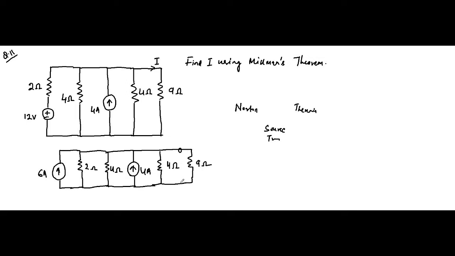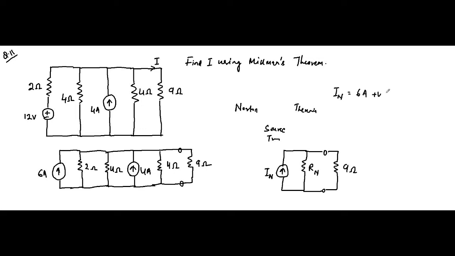Across these 2 points we have to determine the Norton equivalent circuit. That will be something like this: Rn, In, and there we have the 9 ohm. Here In is simply the sum of the currents, 6 ampere plus 4 ampere, both in the same direction upwards, that's why it is 10 ampere Norton current.